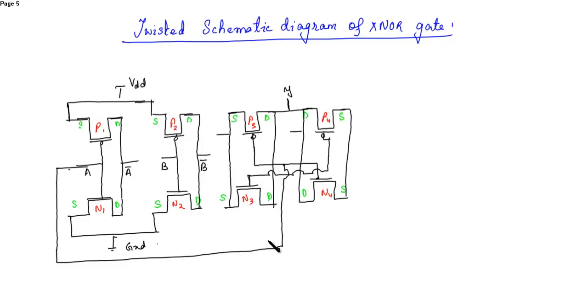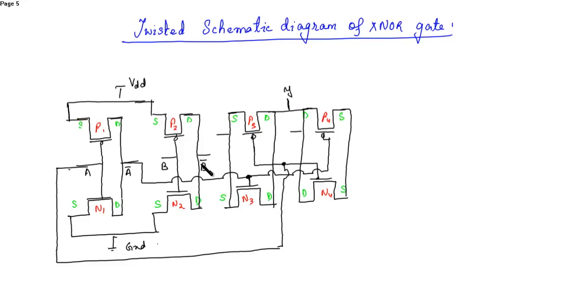This is A. Then A bar is connected to the other end, so this is A bar. A bar is connected here. This is A. Then B and B bar. B is connected to this source and B bar is connected to this source.